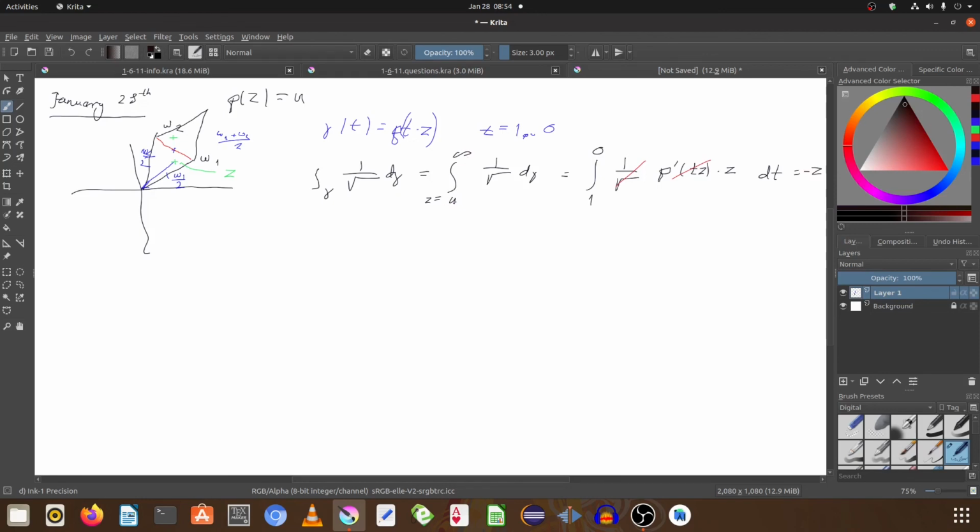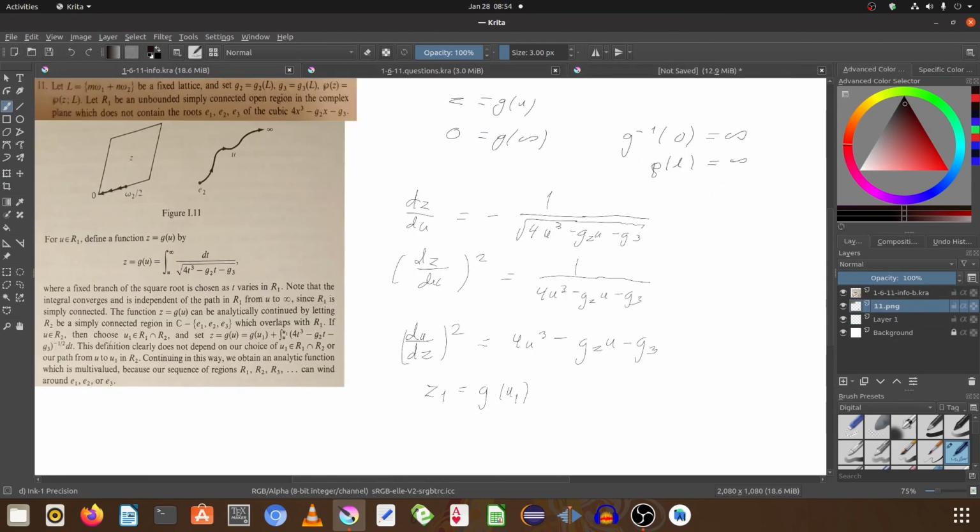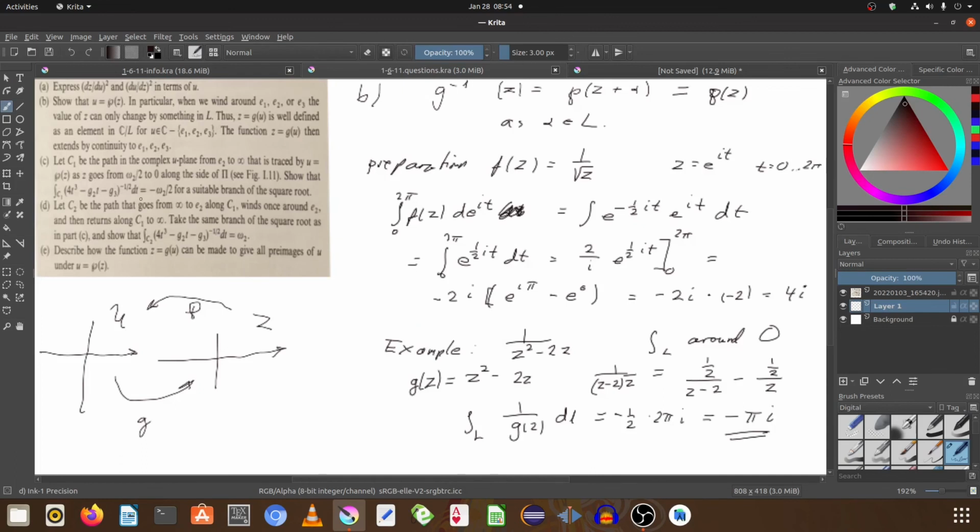That was a little surprise. So this integral gives, with the path I chose, minus the one I wanted. That agrees with C, of course.